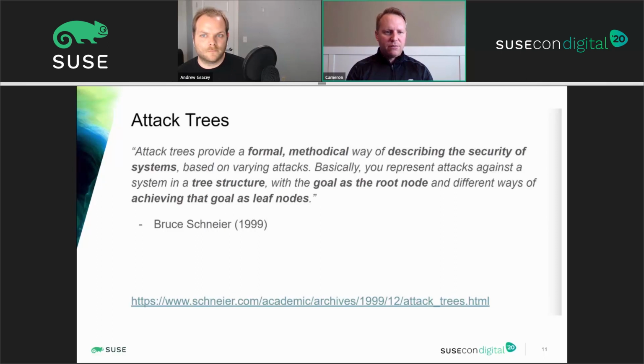So this is perfect for Kubernetes attack trees. If you understand how Kubernetes is set up as a cluster, you'll understand that as you spread your application across the various leaf nodes, it becomes absolutely critical when you create this attack tree. I'm talking about the goal as the root node.